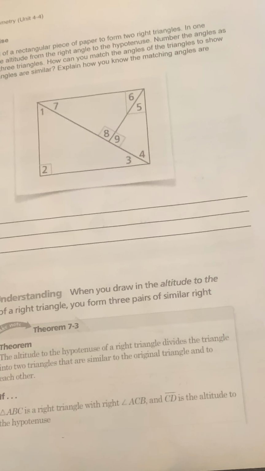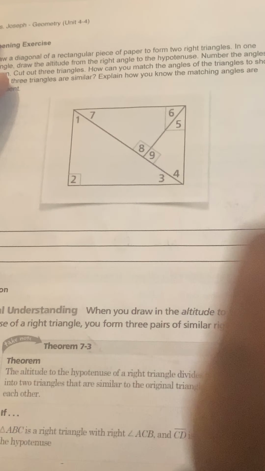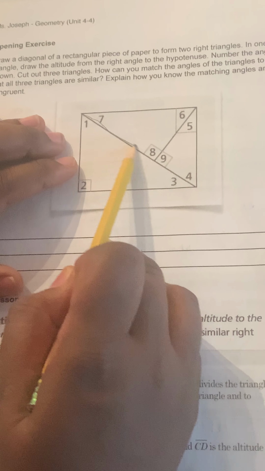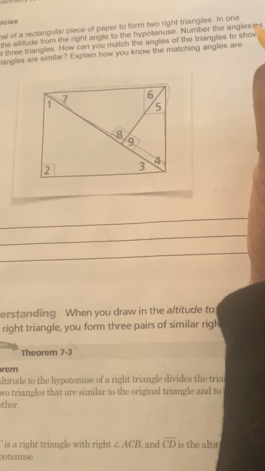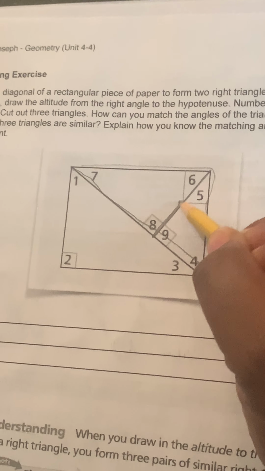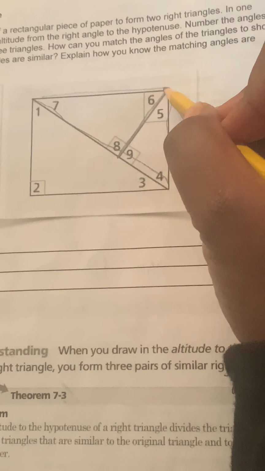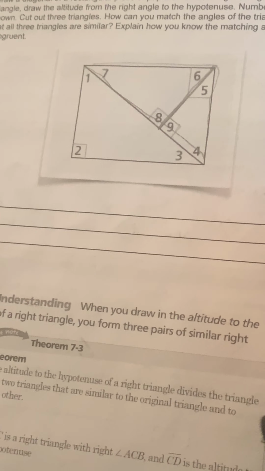So this is basically what the previous lesson was about. If we look at just this triangle here, as you can see, the altitude is drawn in the much bigger triangle. Let's refresh our memory. An altitude is a segment which is drawn from the vertex of the triangle to the opposite side, which is the hypotenuse, and it's going to be perpendicular to that hypotenuse.